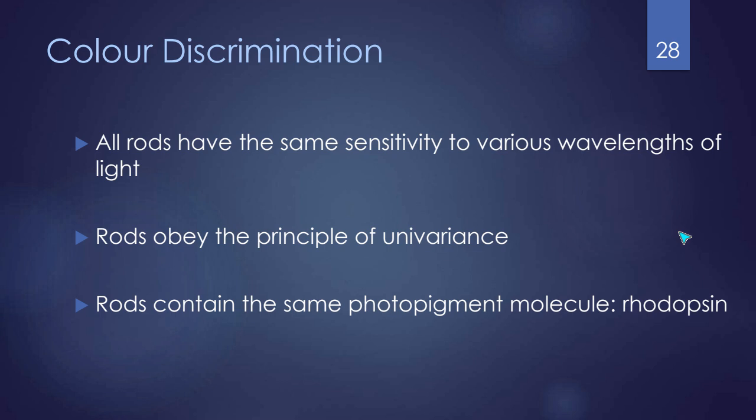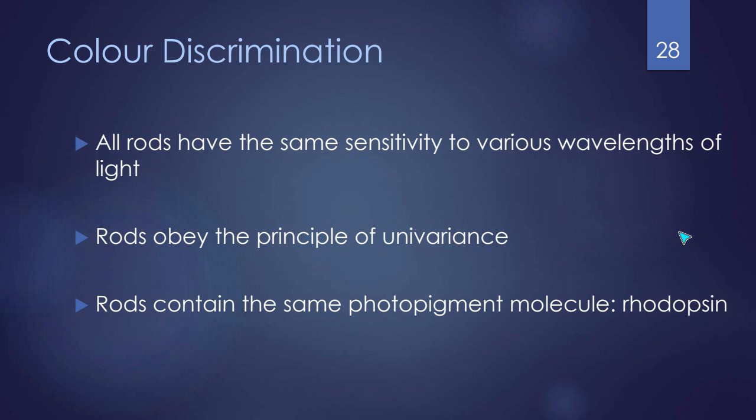Okay, so before we move on to looking at individual differences in color perception, let's come back to this univariance concept. Univariance explains the lack of color in dimly lit scenes. Remember that there's only one type of rod.